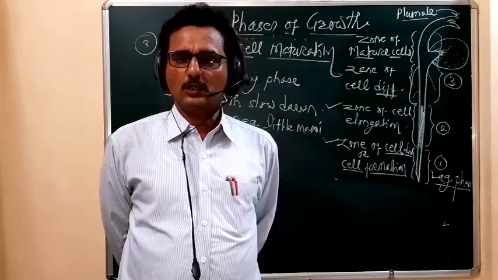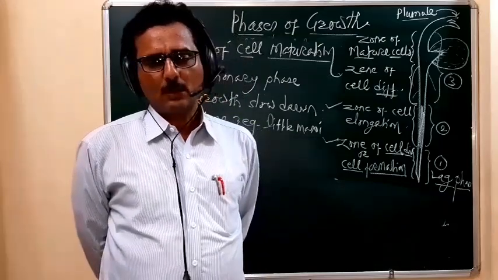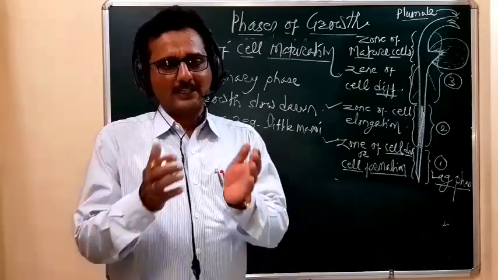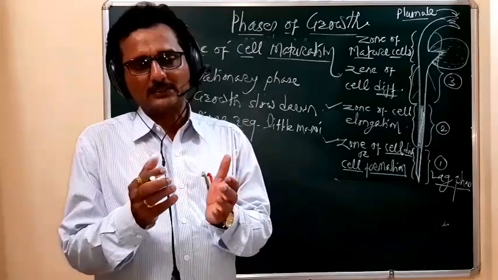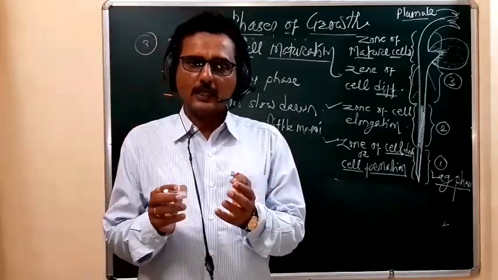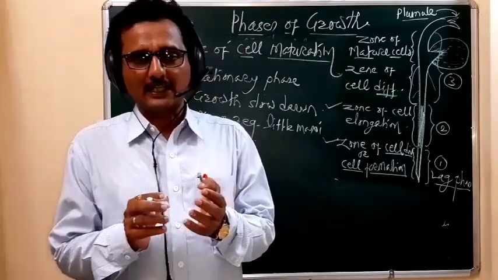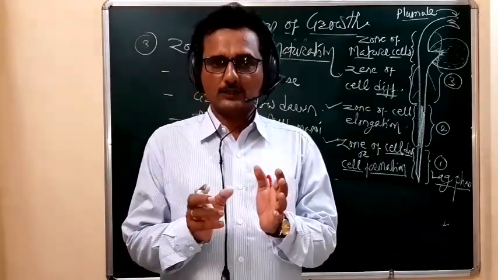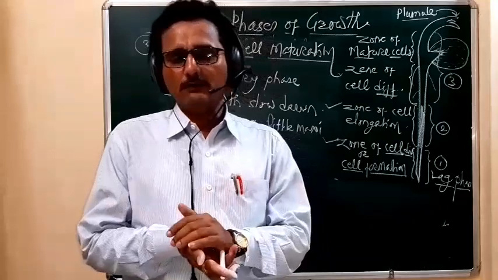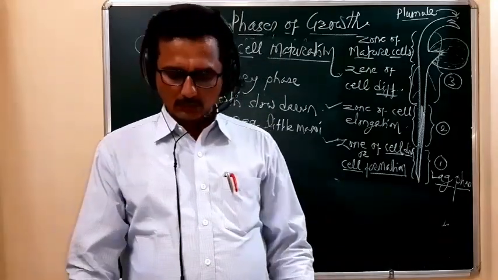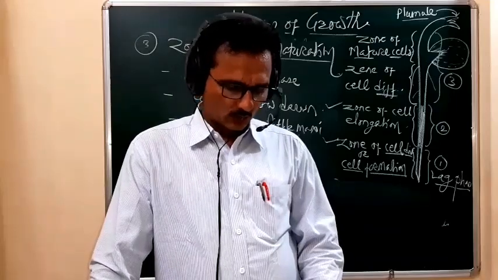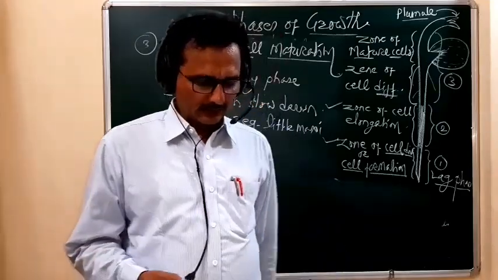We never observe the maximum growth there, but the time requirement is a little maximum, because time is needed for cell differentiation, the formation of various types of cells. But at this site we never observe maximum growth. So remember this.